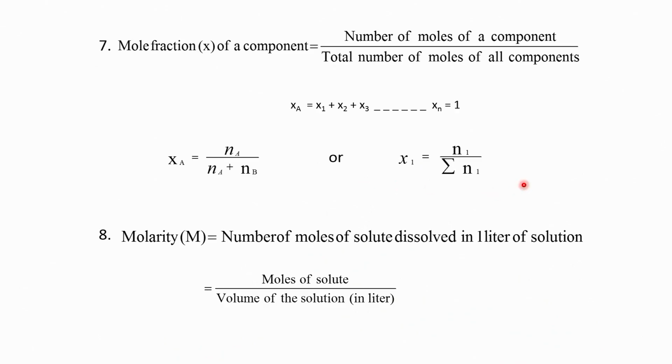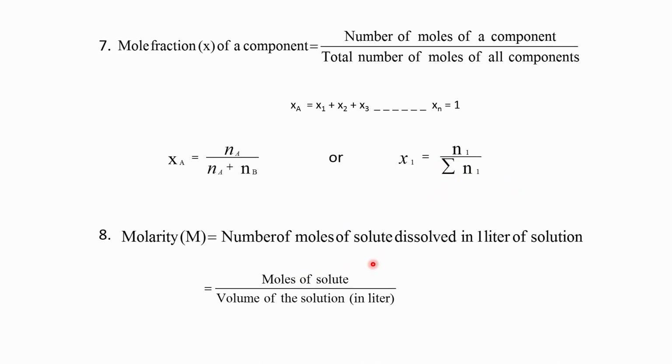If there are more components, more terms. So, we normally write it either like this, Na over Na plus Nb, or simply mole fraction x1 or chi1 is equal to N1 divided by sigma N1, the total number of moles of all components at the bottom.